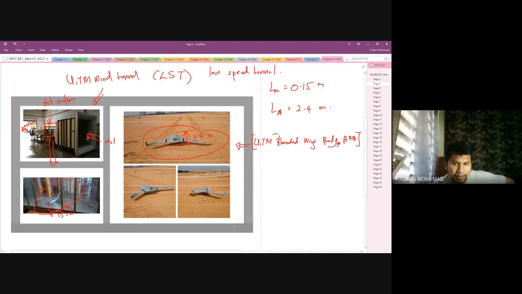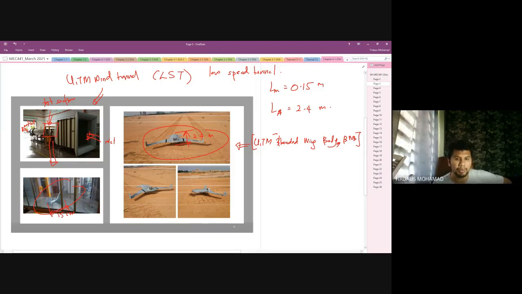But the main problem for this type of aircraft is related to the stability. Sangat susah untuk control the stability. So that's why this type of aircraft is not even commercialized, but it is still under research at Airbus. Boeing pun ada dia punya research related to blended wing body.